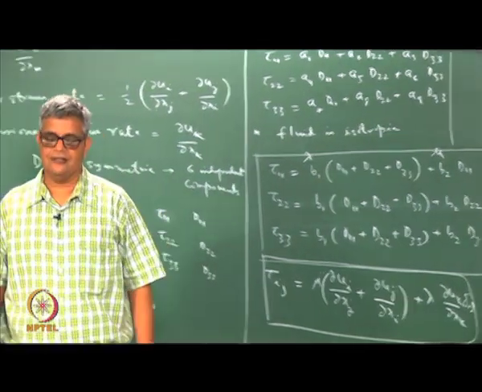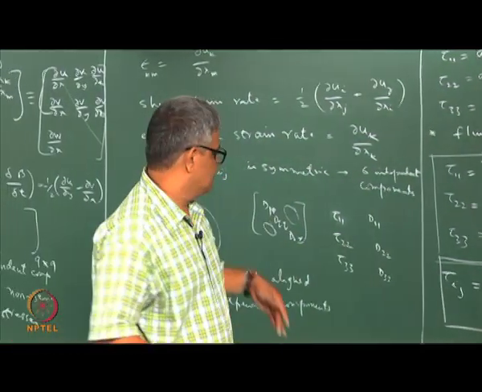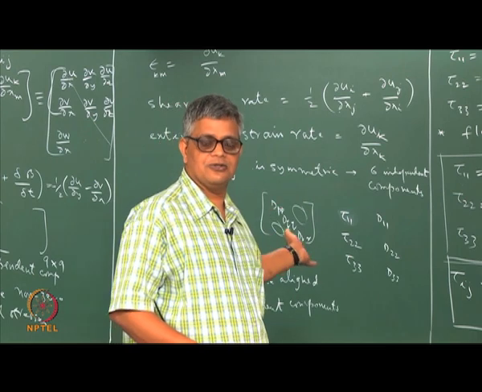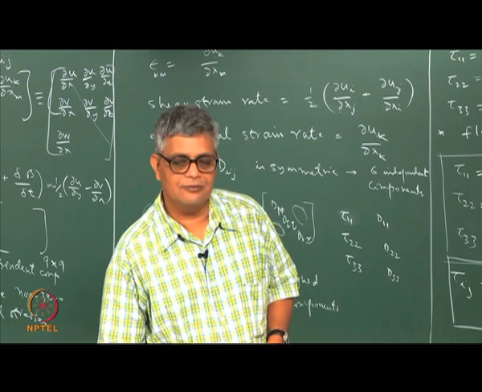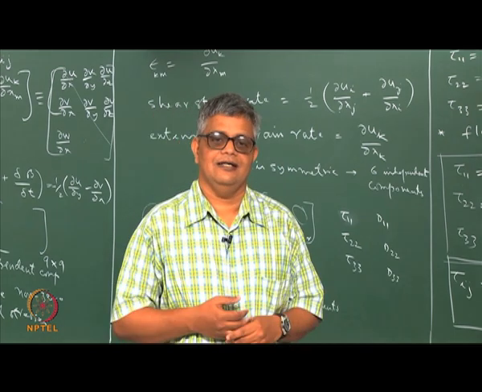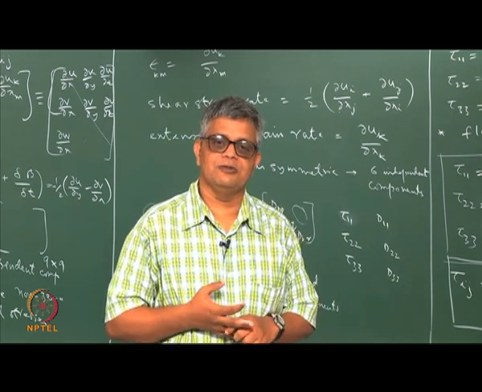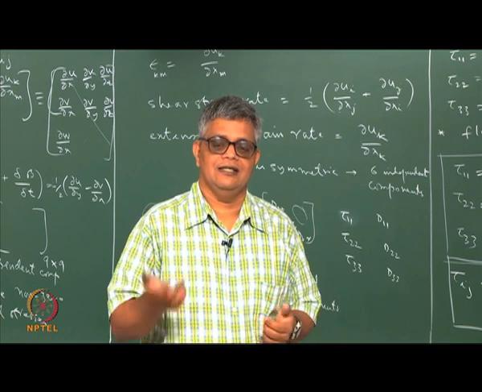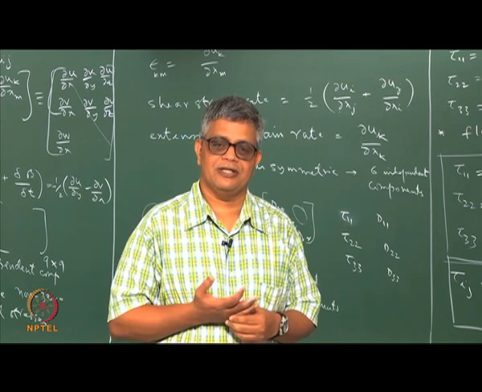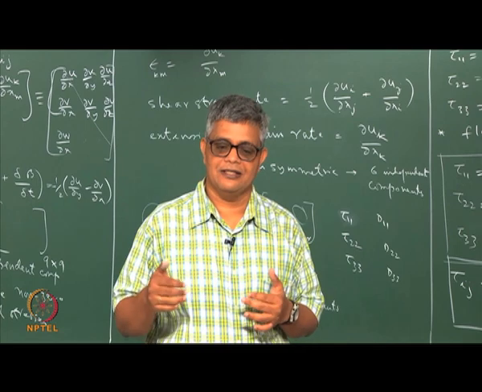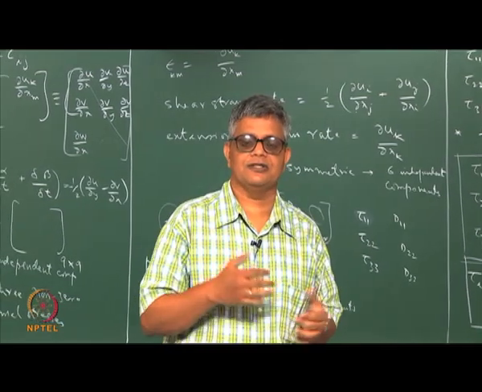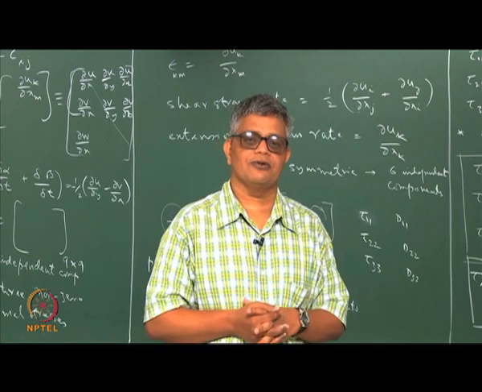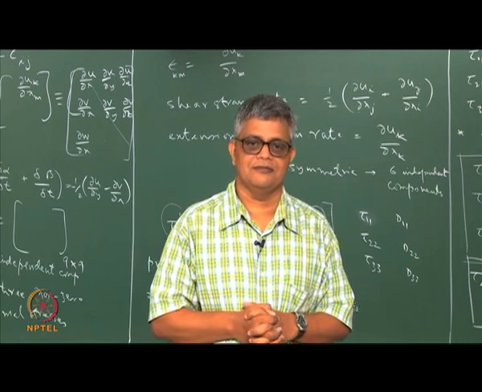So in the next lecture we will see how, when these are substituted into the governing equation, we will end up with a conservation of linear momentum which has only pressure as an extra variable. So the 3 momentum equations for the 3 velocity components plus the continuity equation together constitute a set of 4 equations. Thank you.